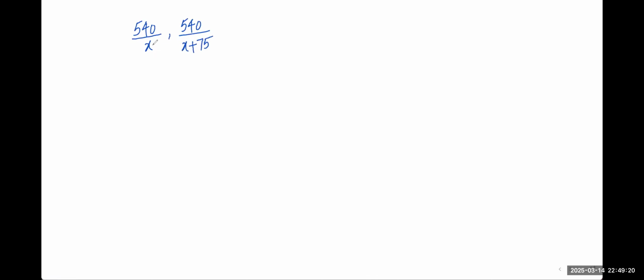You can take 5.40 also, but while simplifying you will get some confusion with the decimal value. That's why we'll take a round figure.